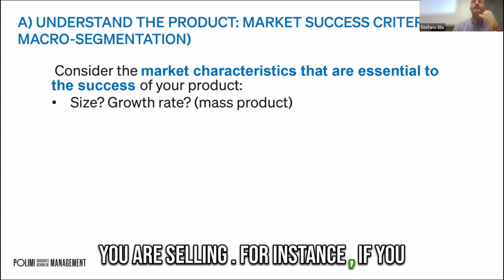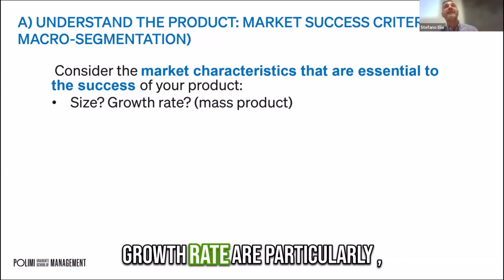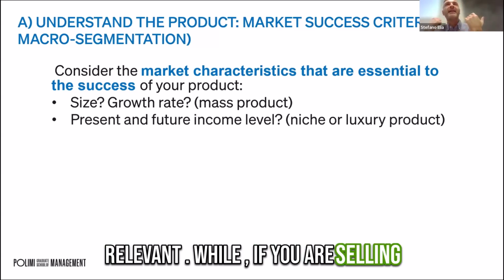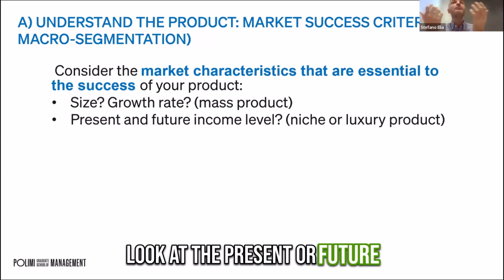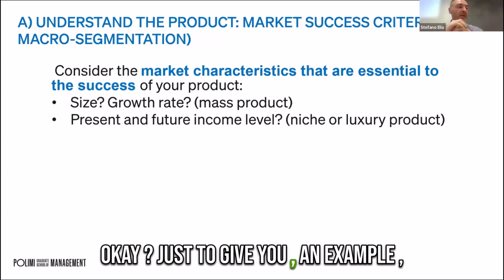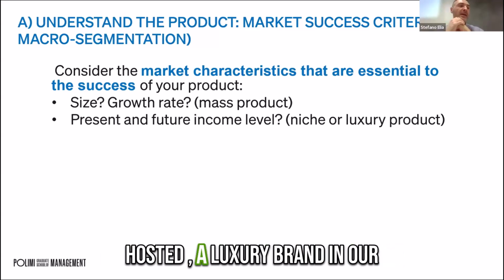For instance, if you are selling a mass product, probably the size of the market and the growth rate are particularly relevant. While if you are selling a niche or luxury product, you should look at the present or future income level of your customers. Just to give you an example, I remember that some years ago we hosted a luxury brand in our business school.